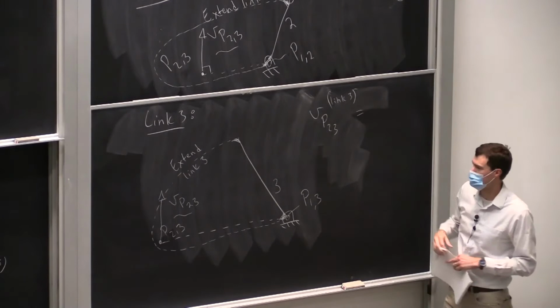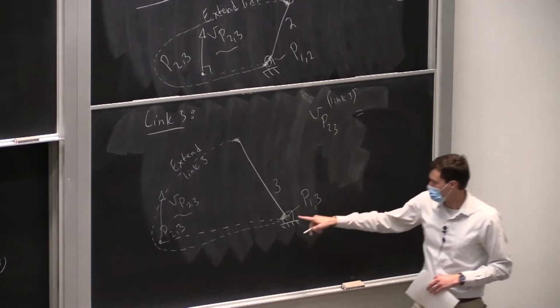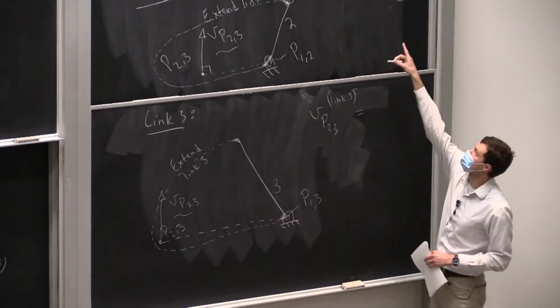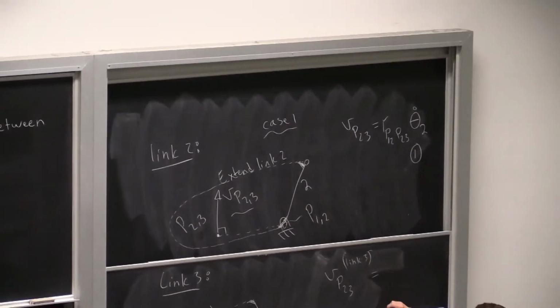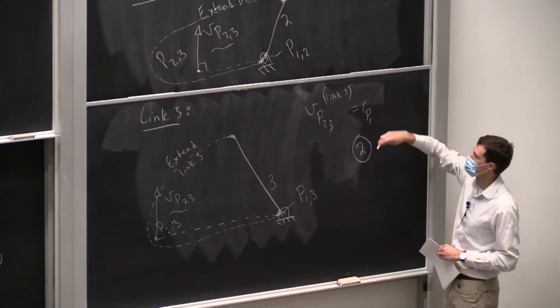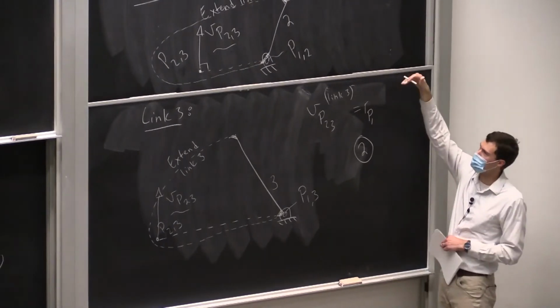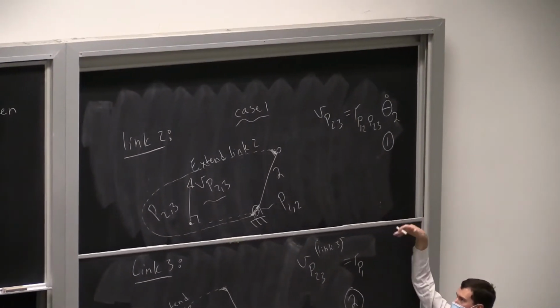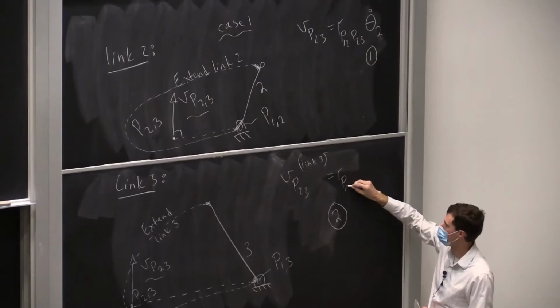Okay, so we can write that out as an equation now. We have these points of interest, so it's going to look just like the equation up here, but with number 3. Everywhere we had a 2, we're going to replace that with a 3.